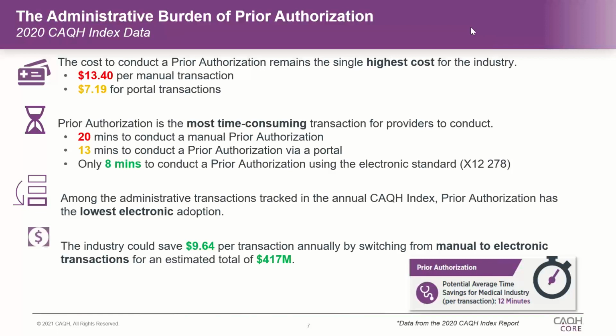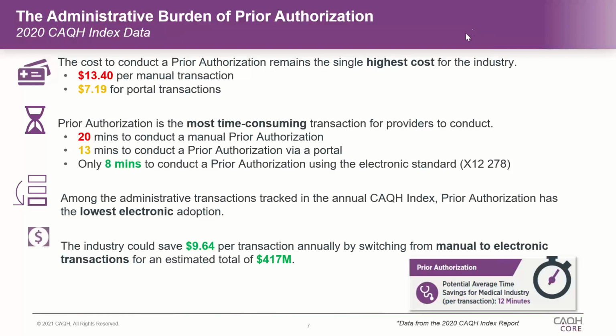So if you think about this, providers could save 12 minutes per prior auth if they conduct the prior auth using the 278 as opposed to conducting it manually. And when you think about the number of prior authorizations conducted in a month, that savings can add up. And we'll see when Dan goes into presentation, you'll see some of the volume numbers for prior authorization. And just it's interesting to keep in mind then these savings opportunities by switching over to an automated process.